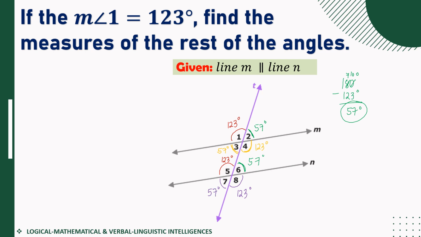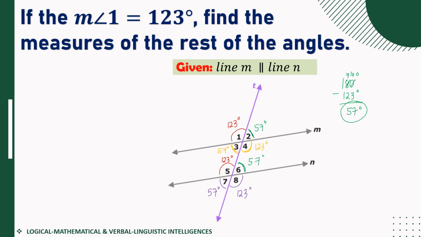Alright? But apart from applying the concept of vertical angles, you may also apply the additional information I mentioned a while ago. You can also have corresponding angles or alternate angles. So, either way, whichever is more convenient on your part, apply those conditions or those hints given.